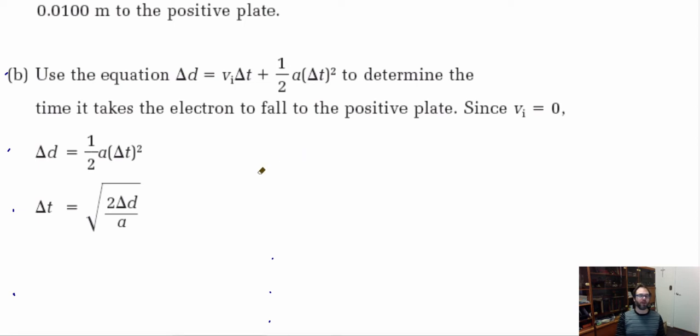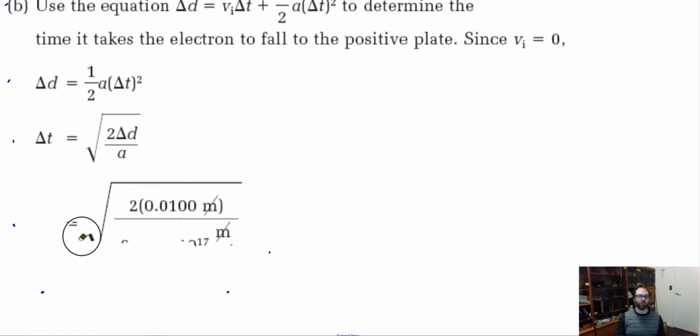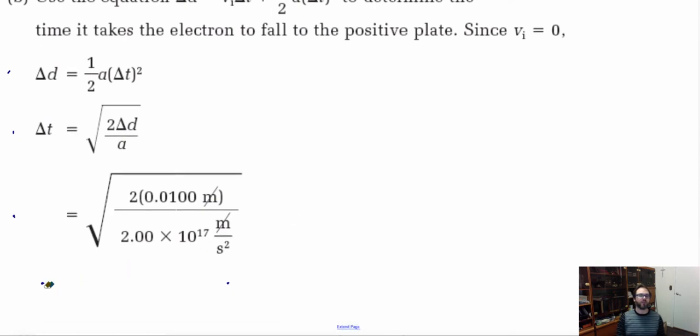Now we're going to plug in my variables. So we know my distance is 0.01 meters, and we know my acceleration is 2 times 10 to the 17 meters per second squared. This will end up giving me a total of 3.16 times 10 to the negative 10 seconds.